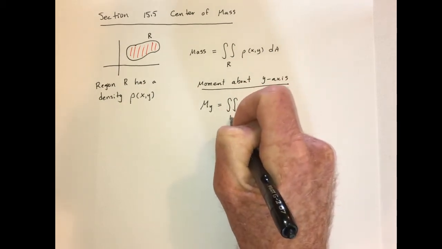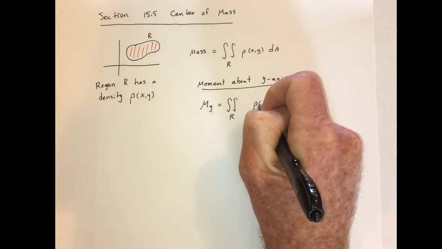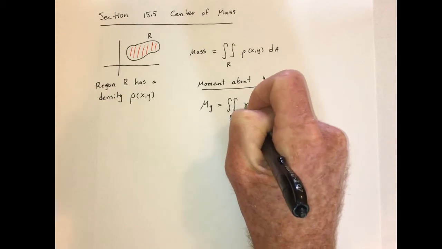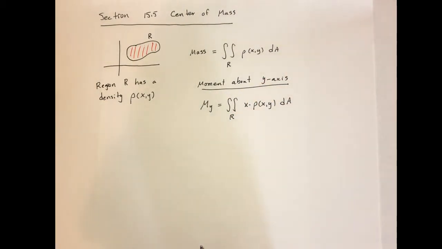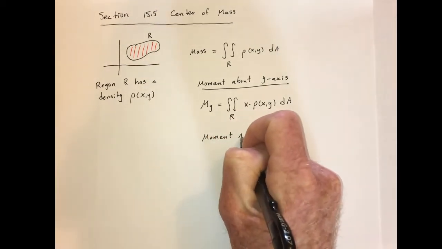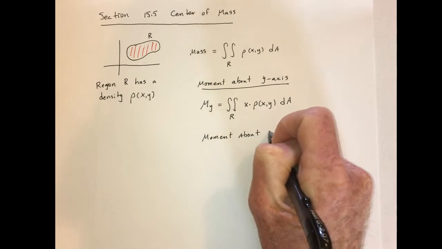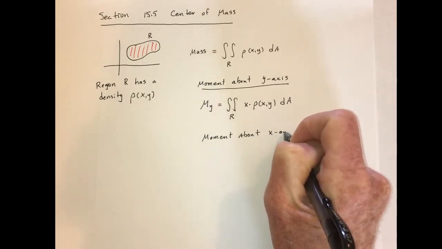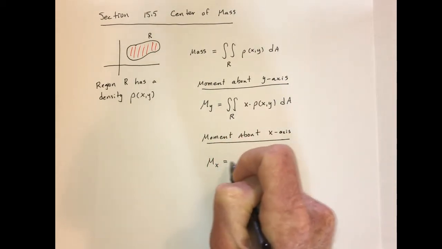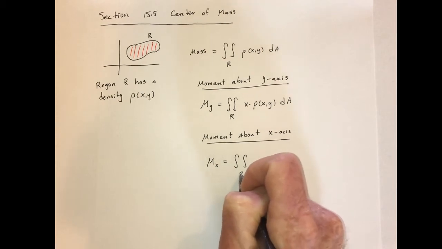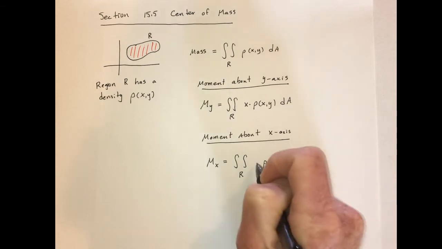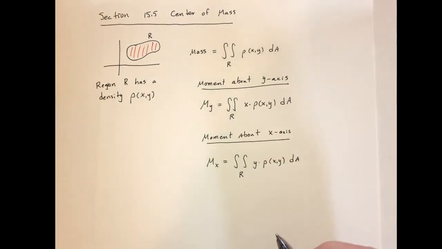And then you do the exact same double integral, except this one is multiplied by x. Then the moment about the x-axis, that is called mx, and that's going to be the exact same integral except it's multiplied with y.